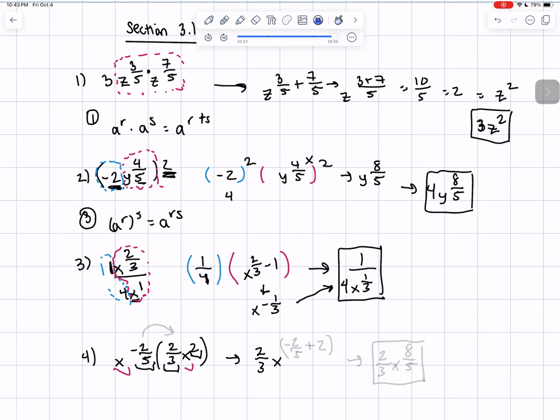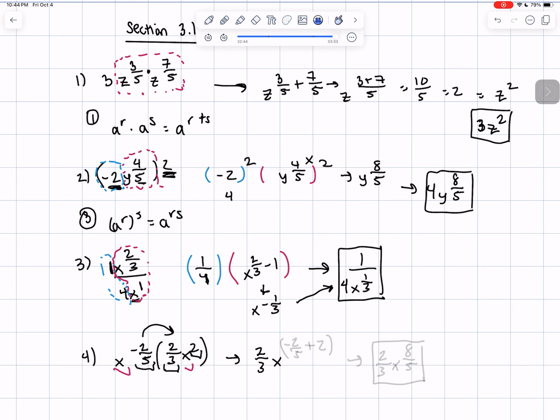But what happens with the exponents? Well, if we have parentheses, that means we're multiplying. So if I were to distribute, that means I have to be multiplying the exponents. So if we have multiplication, going back to the first property, we're going to add.